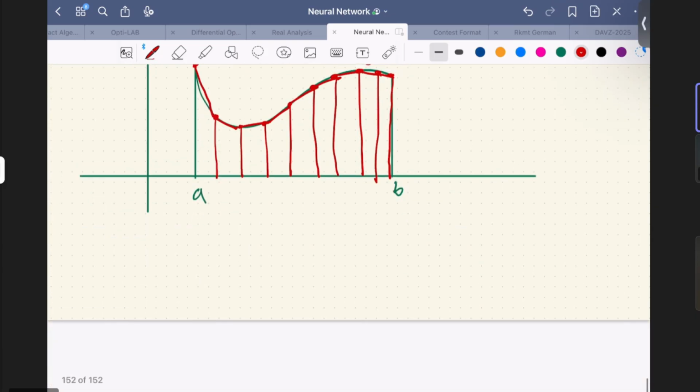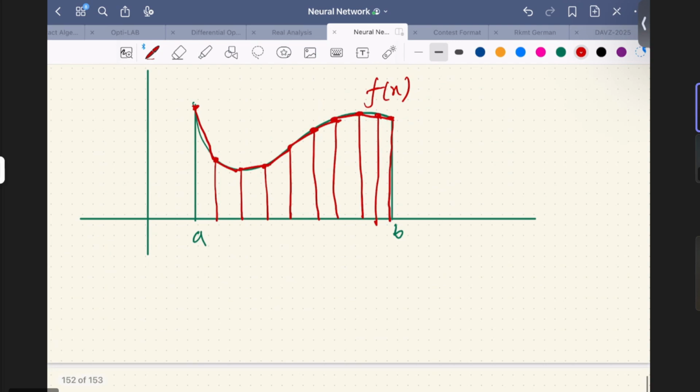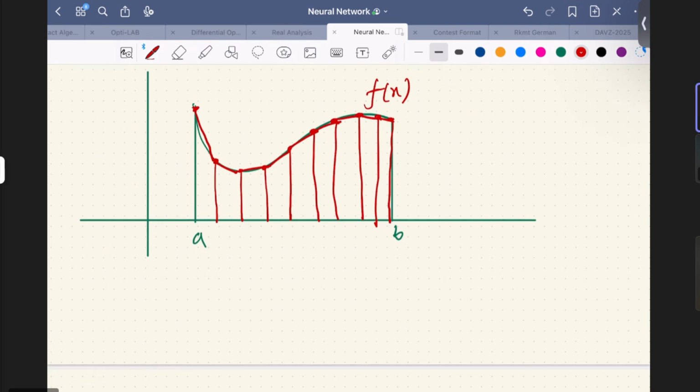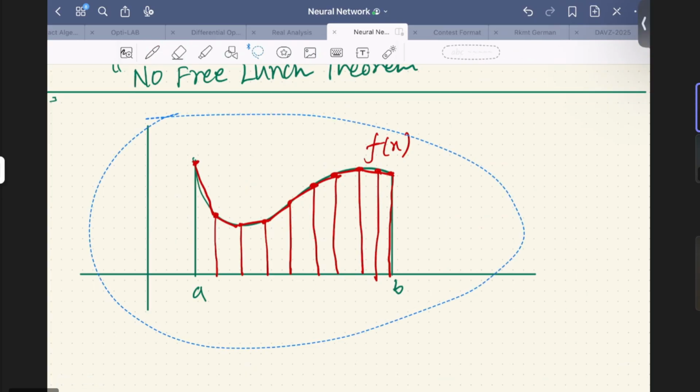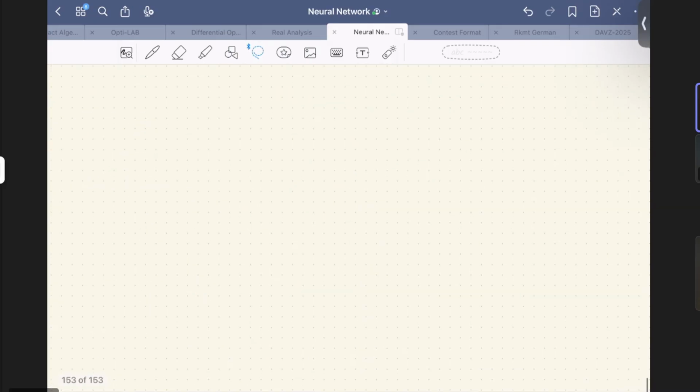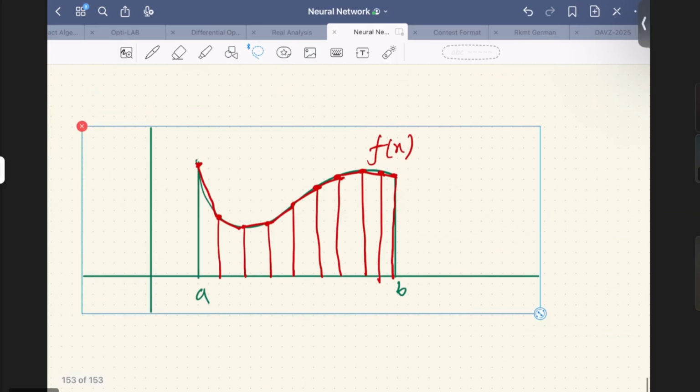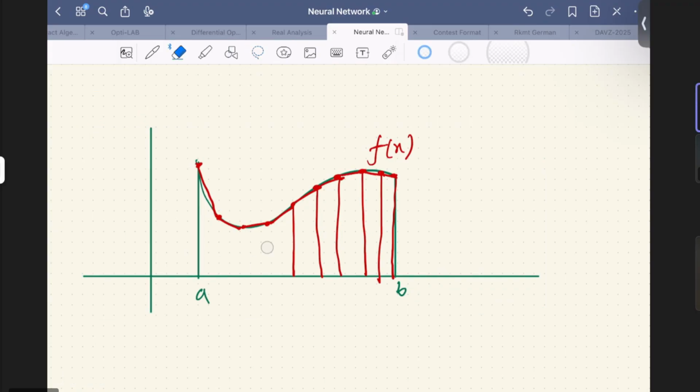Now, if I don't have those functional values, let me take up this one.